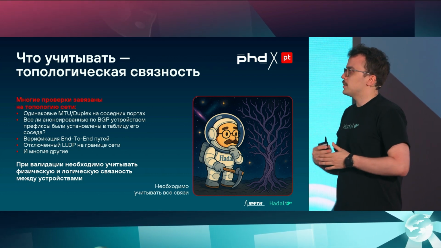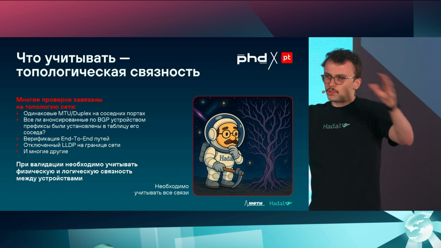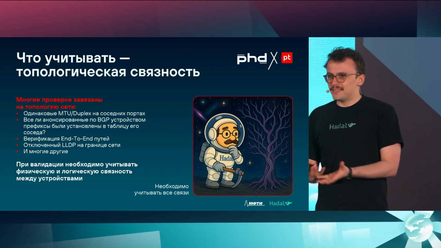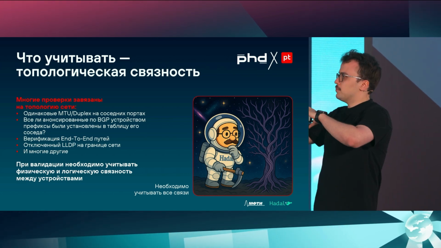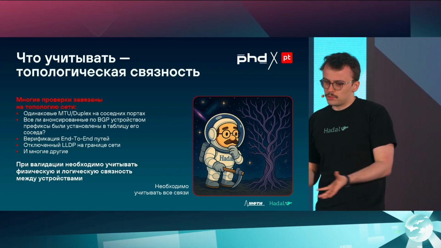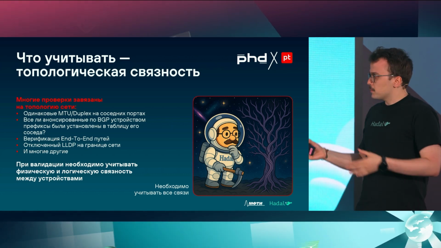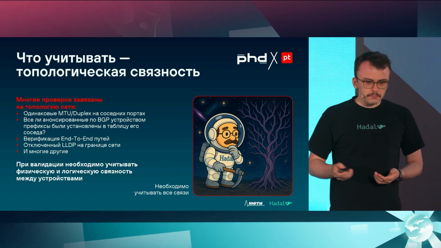When we speak about the routes and the routing table, and make sure that you have LLDP disabled at the network edge, you need to make sure you understand not just the configuration, but the exact devices working together and how they are interconnected. That's why you're taking into account not just the physical connectivity, but also the logical one.